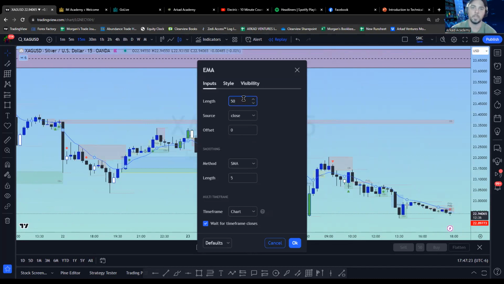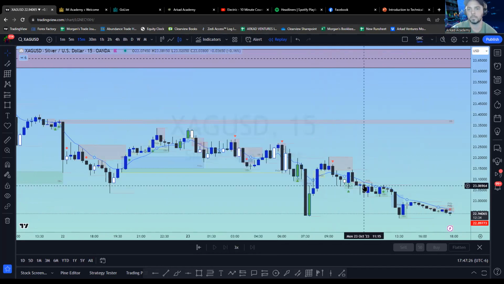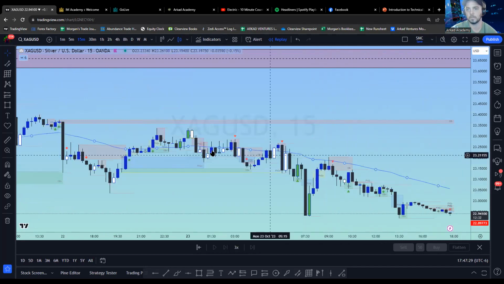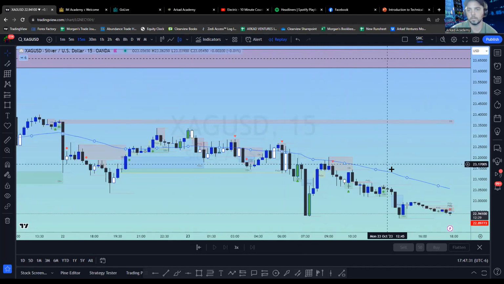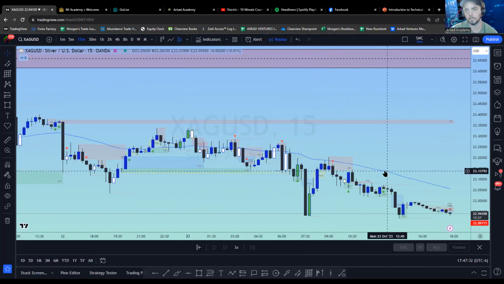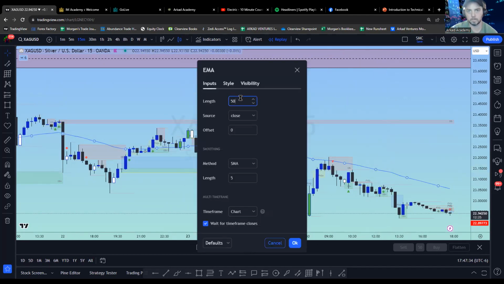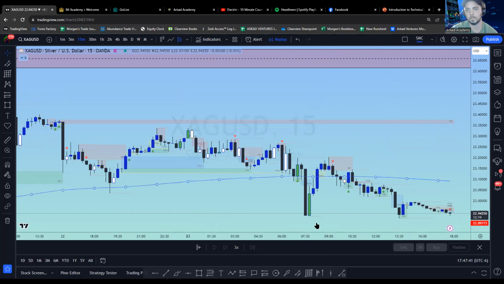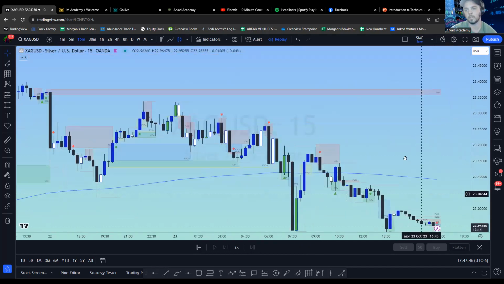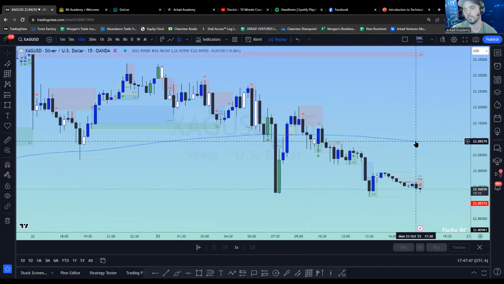So if you go 50, that's the average of the last 50 candles. We also use 238, so Fibonacci number. So with that being said, this one would be the 50 on a higher time frame.